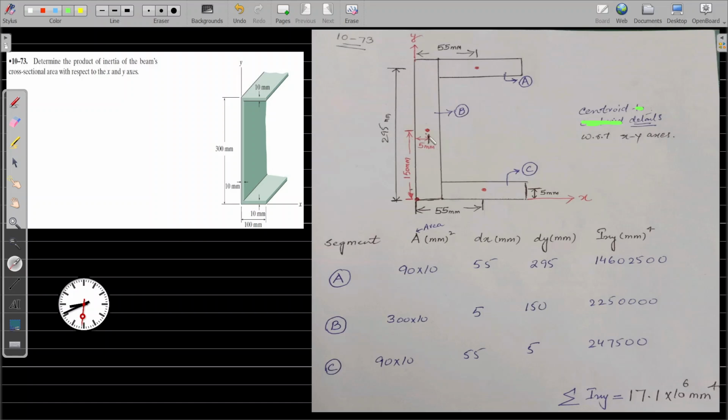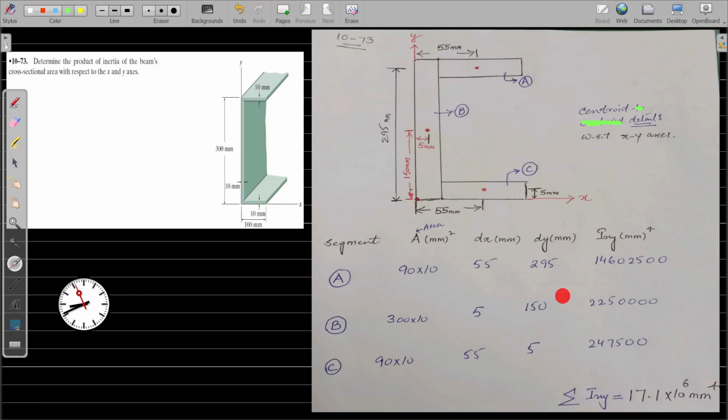It will be from this point to this distance, which is nothing but 5. And what about the distance dy? Since this is total 300, from this point to this point it will be 150. So multiply the three quantities: 310 multiplied by 5 multiplied by 150.